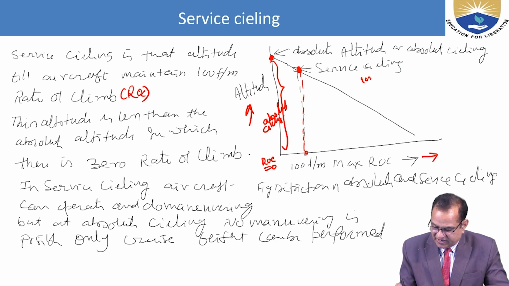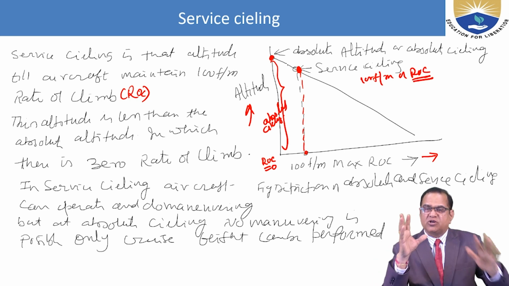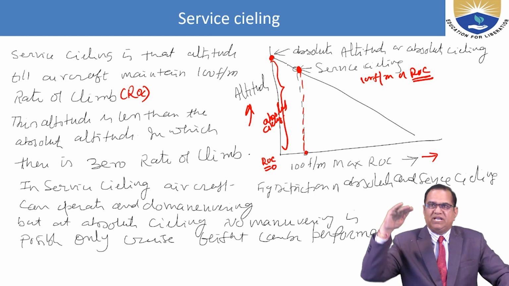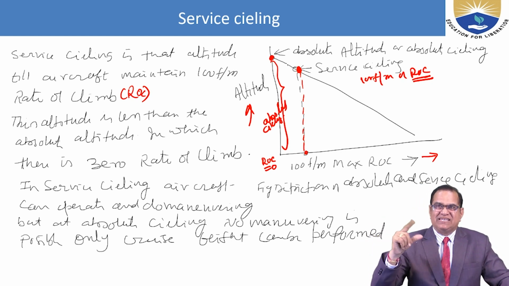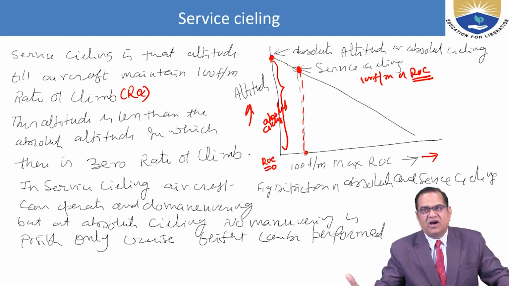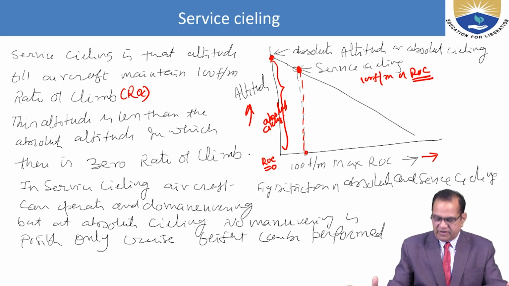In this 100 feet per minute of rate of climb is possible. So that is the difference. In absolute ceiling, you cannot do any maneuvering. Only the cruise flight is possible. But in service ceiling, all type of maneuvering you are able to do, and your rate of climb is 100 feet per minute.